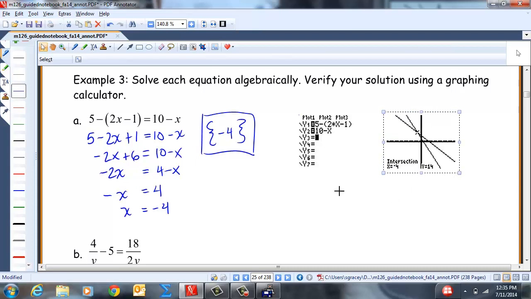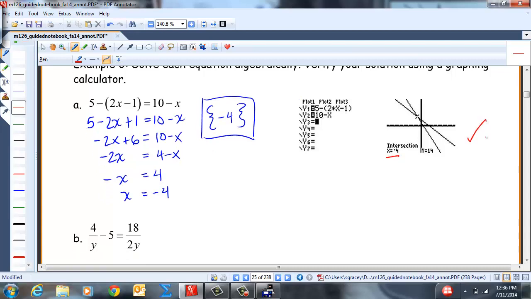If we're thinking about a system of linear equations, we would give both, but we were only solving for x. And notice that it matches, right? We got x is -4. So, check. All right, let's do this guy.